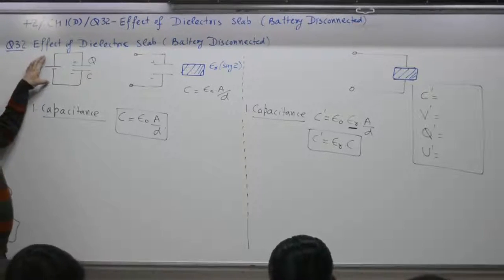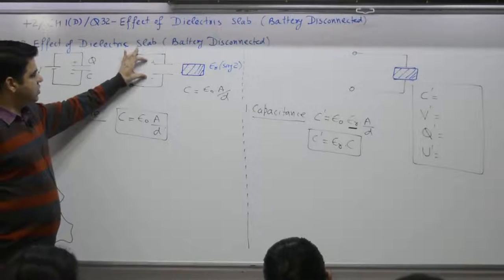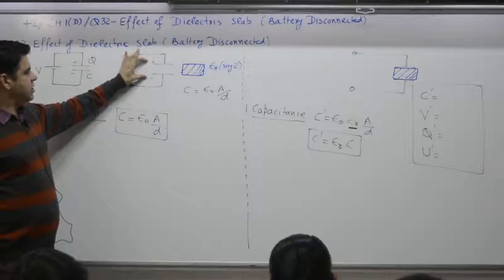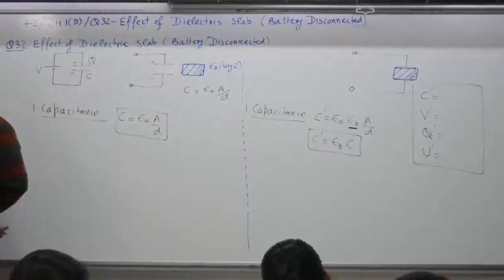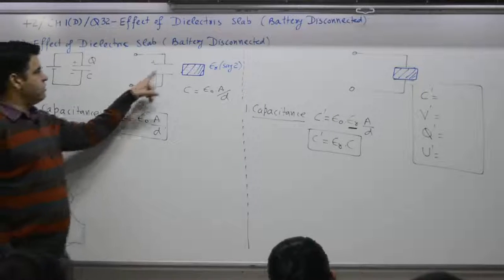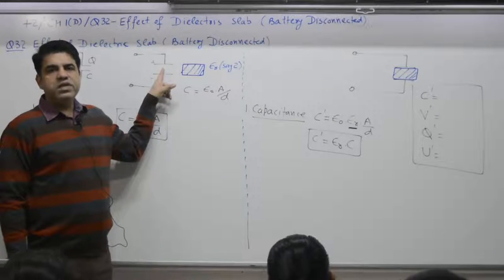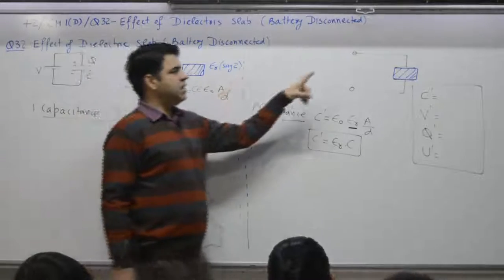When you apply a voltage of 10 volt, there is some charge. So voltage across this is 10, charge is the same Q. Capacitance depends on area of the plates, distance between the plates, and material. What was the material here? Free space. That is why this value was 1. What is the material in this case?